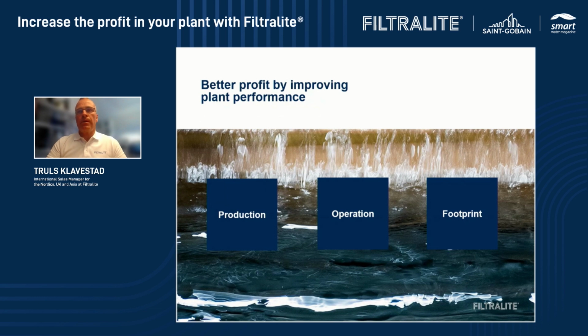And the third one is reduced footprint. Because if a new plant is to be built, in the design stage, instead of, for example, having 10 filtration cells, you can go down maybe to 5, but at least 6, with the same condition and achieve the same output, the same production, with a smaller footprint.